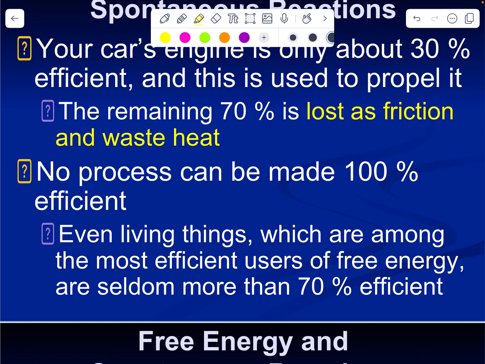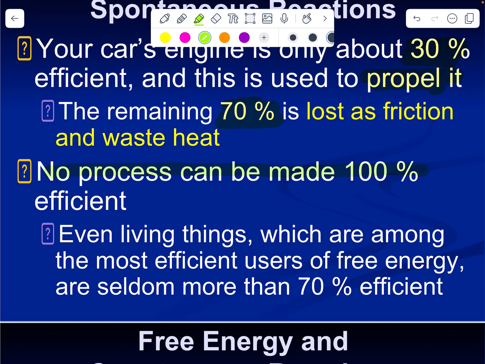This is an older slide. I think that cars' engines are probably more efficient than this now, probably maybe up to 35-40%. We use the energy from burning our fossil fuels. Most of us are still using fossil fuels to propel our car. So 70% of the heat from our car is lost as friction and waste heat.